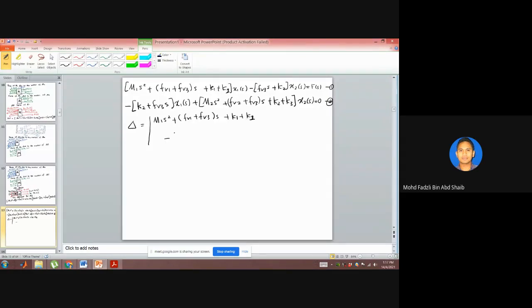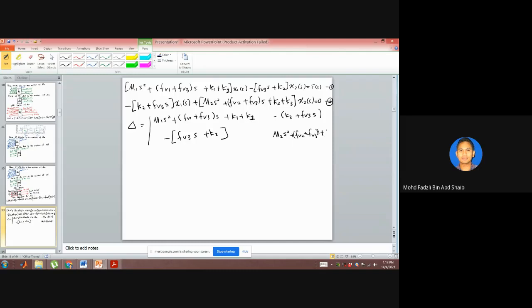And some more, this one is FV3 S plus K2, and the other side is minus K2 plus FV3 times S, and this one is M2 S square plus FV2 plus FV3 times S, right?